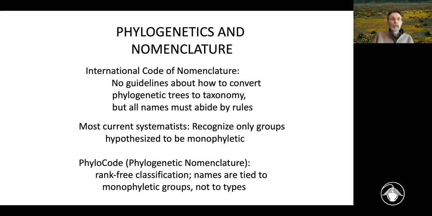And so it's freeing in the sense of the constraints that rank imposes, since you can only have one name for a taxon at a given rank. It does allow for conversion of phylogenies to classifications more readily. The main criticism against it is that without the hierarchical system of genera, families, orders, etc., it can be hard to find yourself within the tree of life in, for example, a collection, how to organize collections.